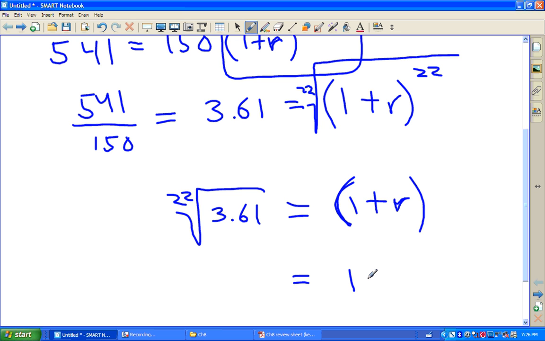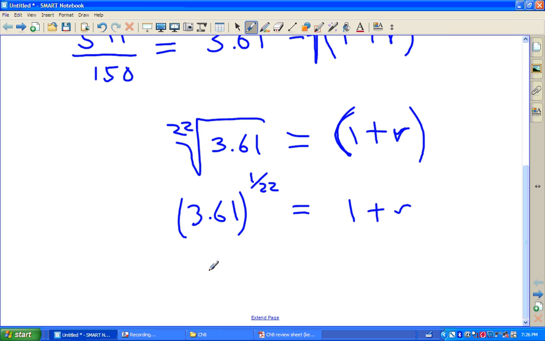But in cases like this, that's why you just go 3.61 to the 1 over 22nd power. This is why we learned this last chapter. Is that weird? Maybe, but I can just punch in 3.61 into my calculator, make sure it's in parentheses, put the caret, 1 divided by 22, and you will get an answer there.